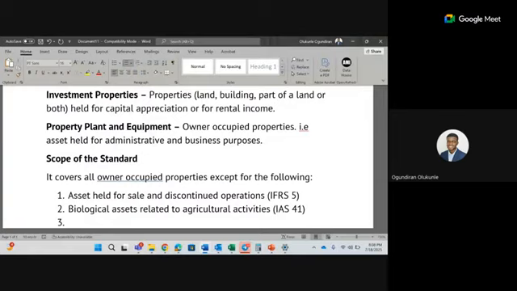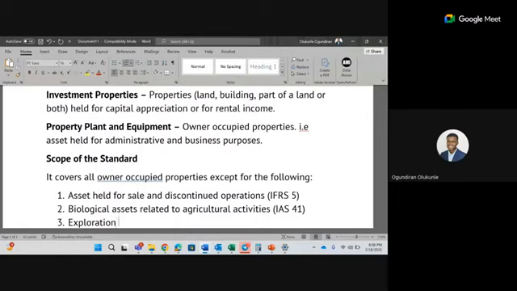Biological assets is IAS 41. Investment properties are IAS 40. Yes, sir, that is agricultural. Thank you, sir.